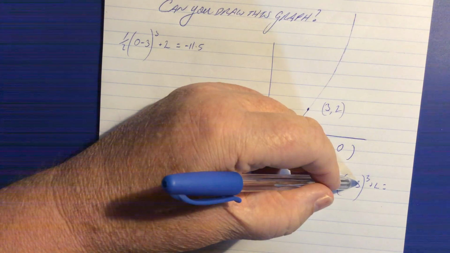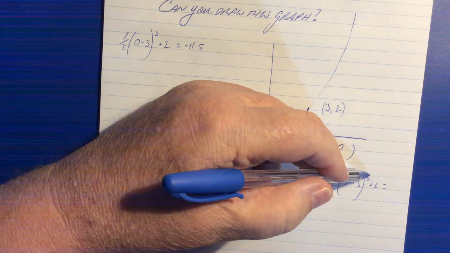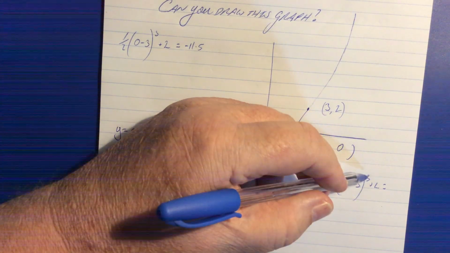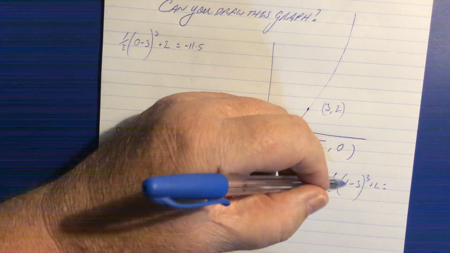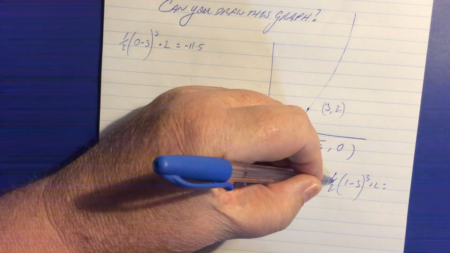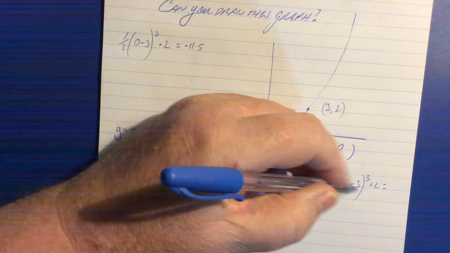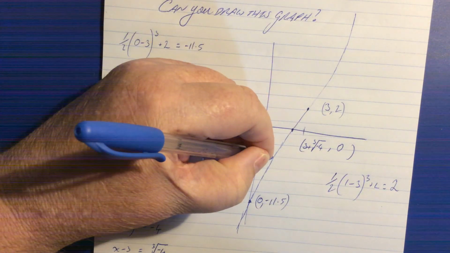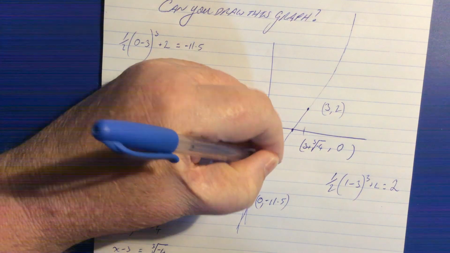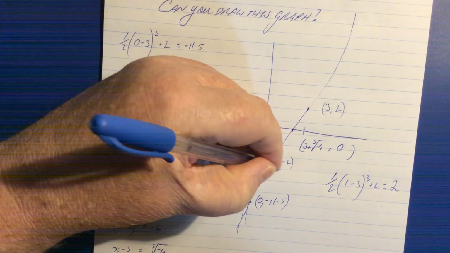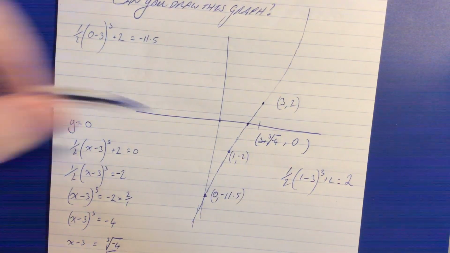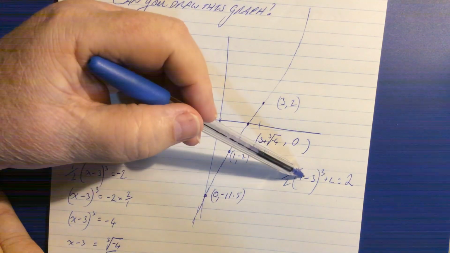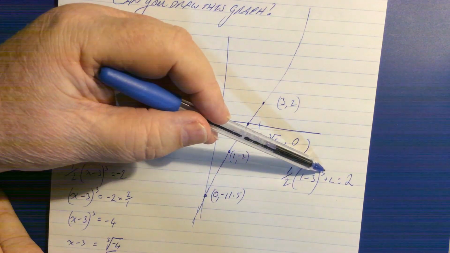Well, 1 minus 3 is negative 2. Negative 2 to the power of 3 is negative 8. 1/2 of that is negative 4. Negative 4 plus 2 is 2. So we have a point (1, negative 2). Just let me check those maths again. 1 minus 3 is negative 2.